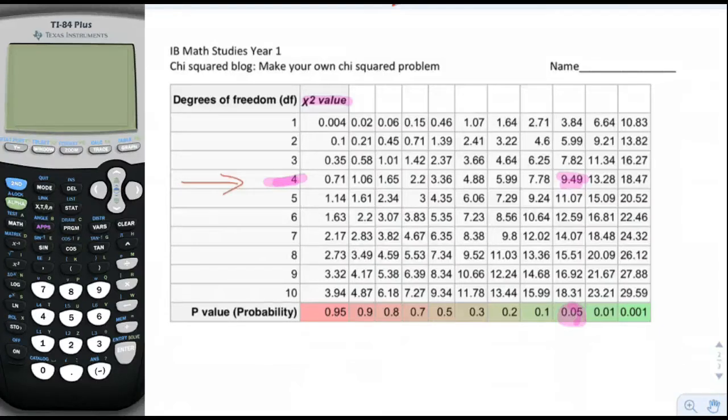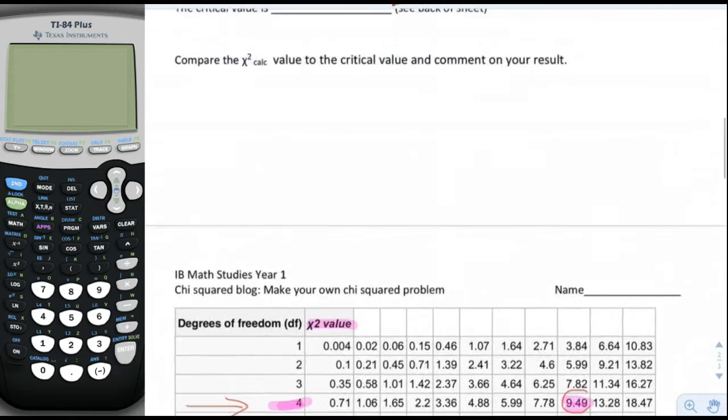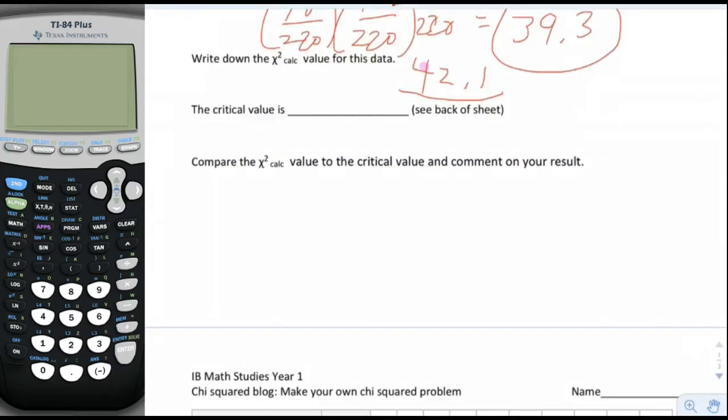But when you do your internal assessment, you're going to need to do that. So we're going to look at the degrees of freedom 4 because that's the degrees of freedom for this case. And then we also specified that the significance level is 5%. So then we're going to look at 0.05. Where those intersect is the critical value, 9.49. So we can put 9.49 as our critical value here.